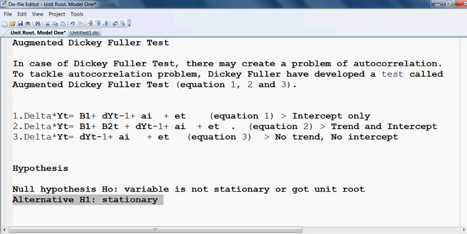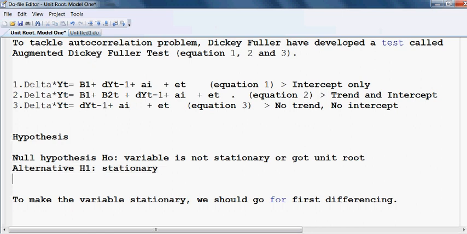The alternative hypothesis is that the variable y is stationary or does not have unit root. So that is the alternative hypothesis.